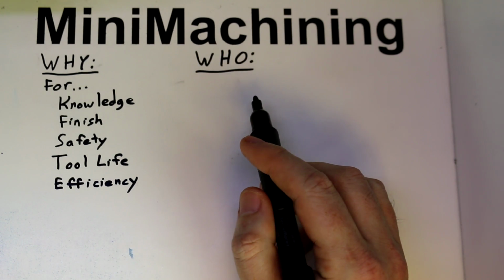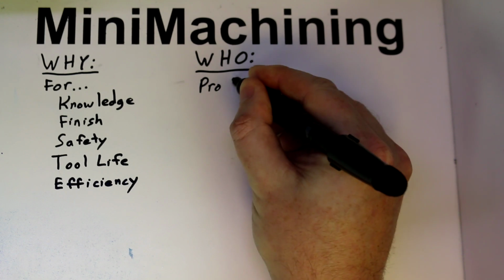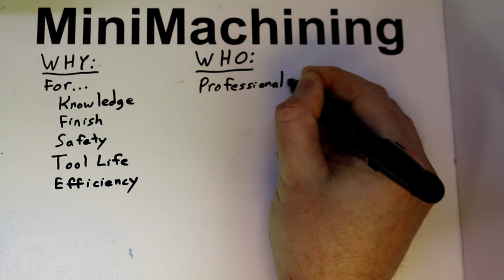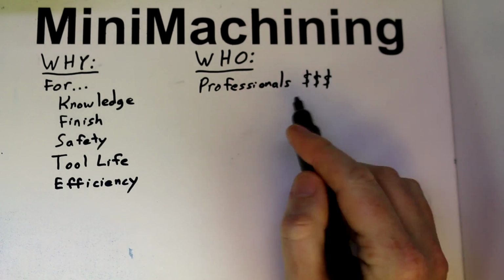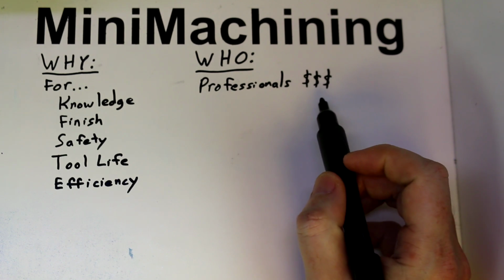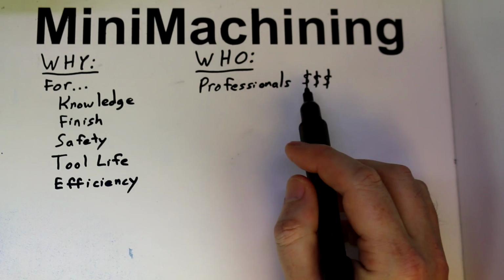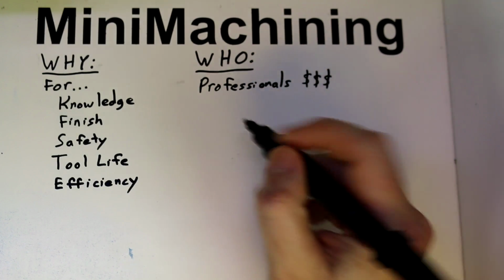So now, who does this information apply to? Primarily, the people who are going to be concerned with pushing feeds and speeds are professionals who are making money. Right? You want to optimize the use of your machines and the number of parts you can produce in a particular time. And so that's really where this is going to come into play, from a professional standpoint.